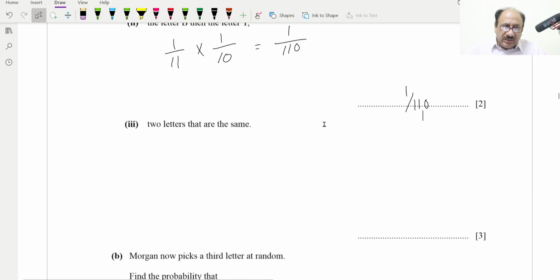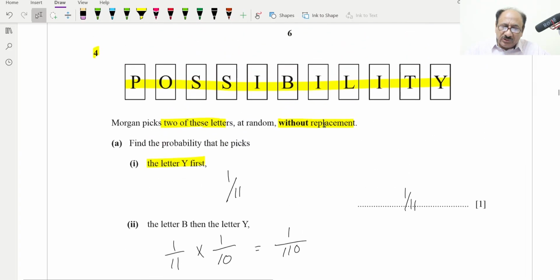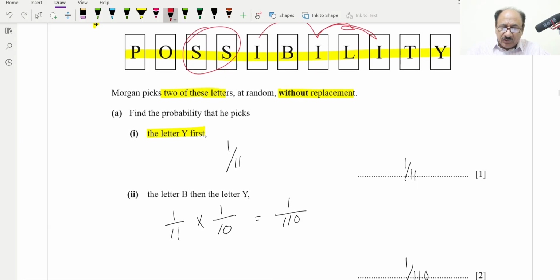Then two letters that are the same. Two letters that are the same are possible in case of S and S, and basically I and I. There are three I's also. So in case of I and S, duplication is possible.